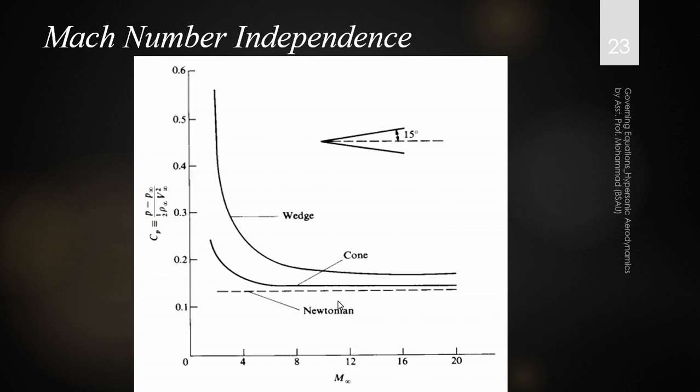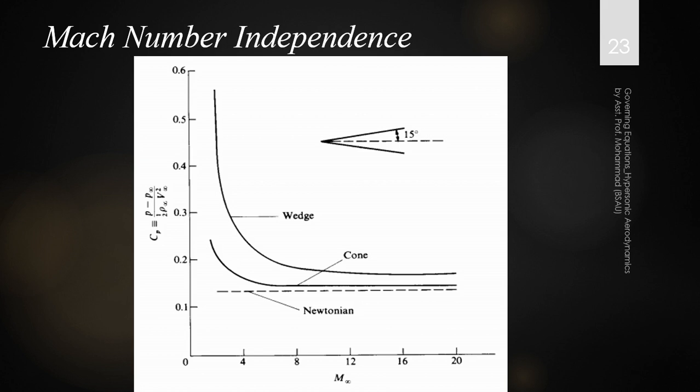So the Mach number independence is more than just an observed phenomenon. It has a mathematical foundation which confirms its existence and behavior. We have already seen the non-dimensionalized forms of the boundary conditions at a very high Mach number, with the approximation of M infinity tending to infinity, and they become independent of the Mach number.